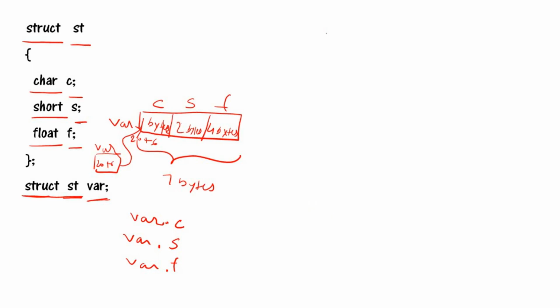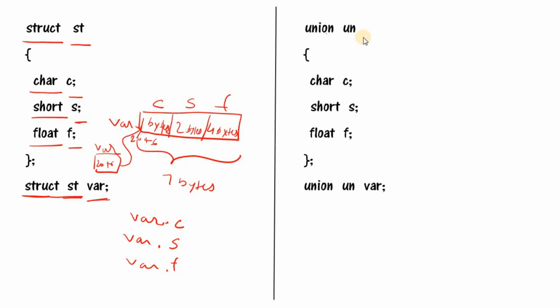Here in case of union, we are declaring a union type variable. First, the union definition is important.